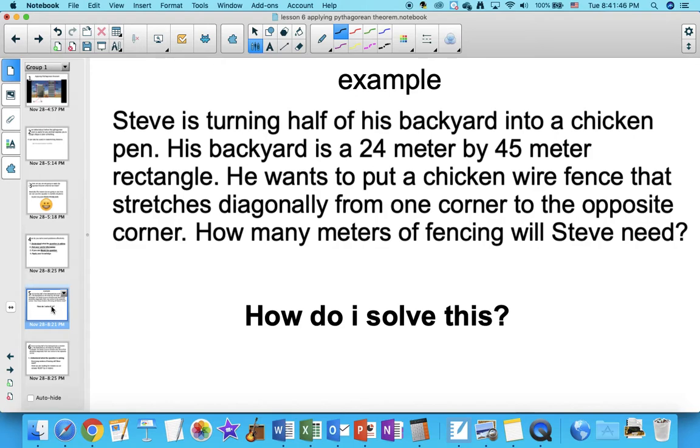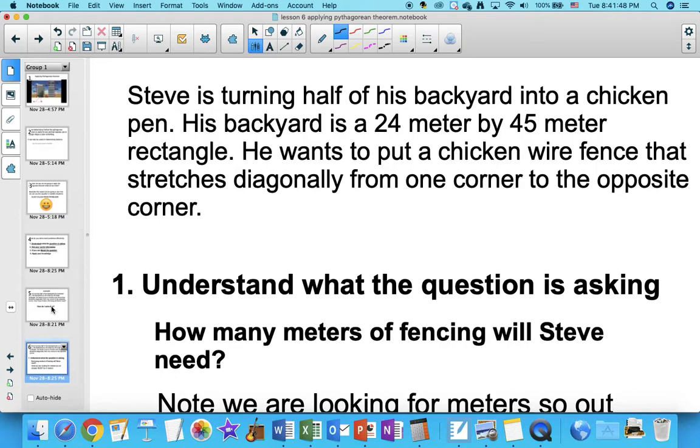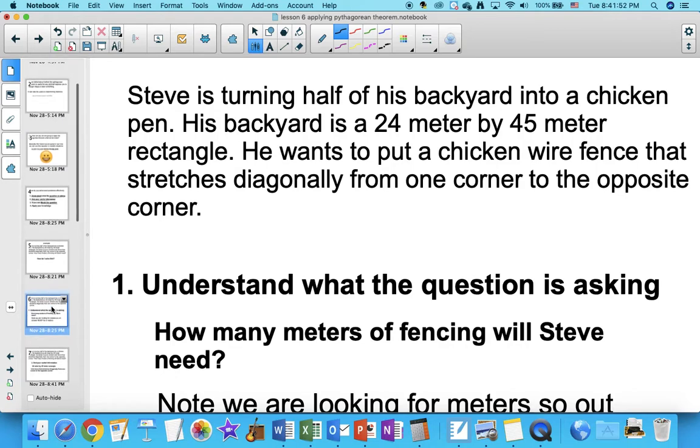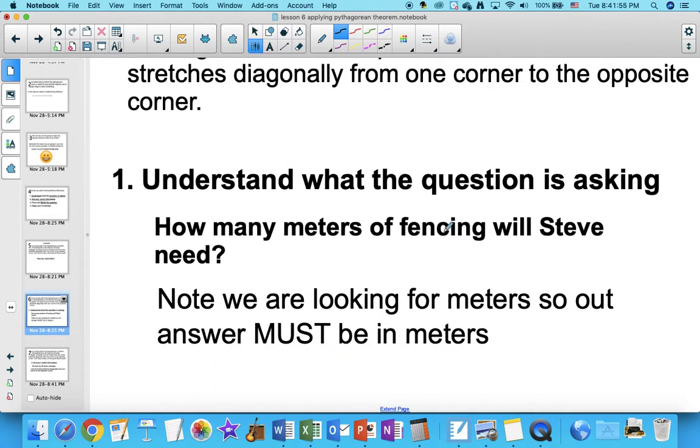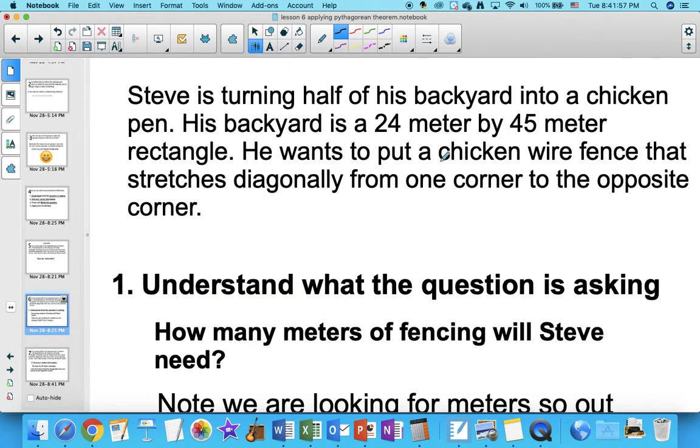It's a big question. Well, first off, I need to understand what the question is asking. The question is asking, how many meters of fencing will Steve need, right? How many meters does he need to make a chicken wire fence that stretches diagonally from one corner to the other?